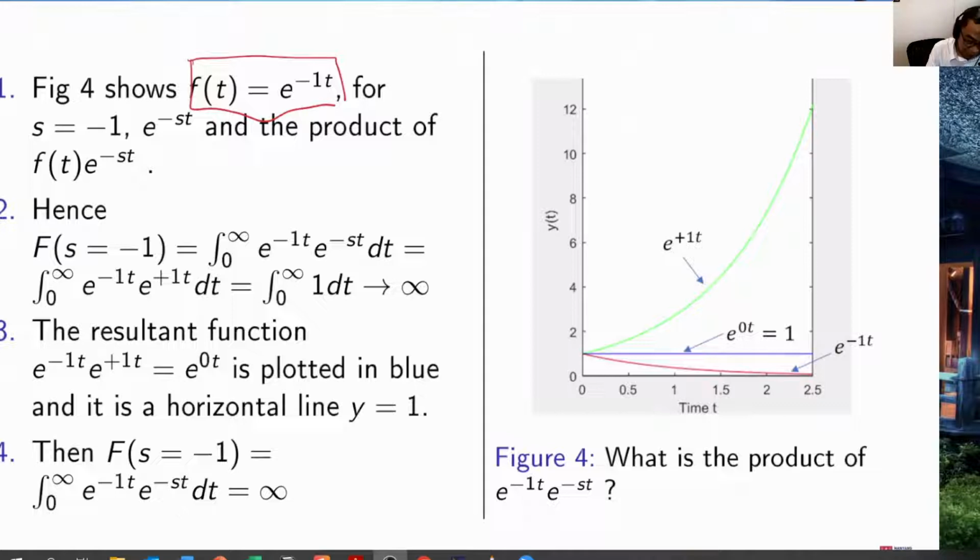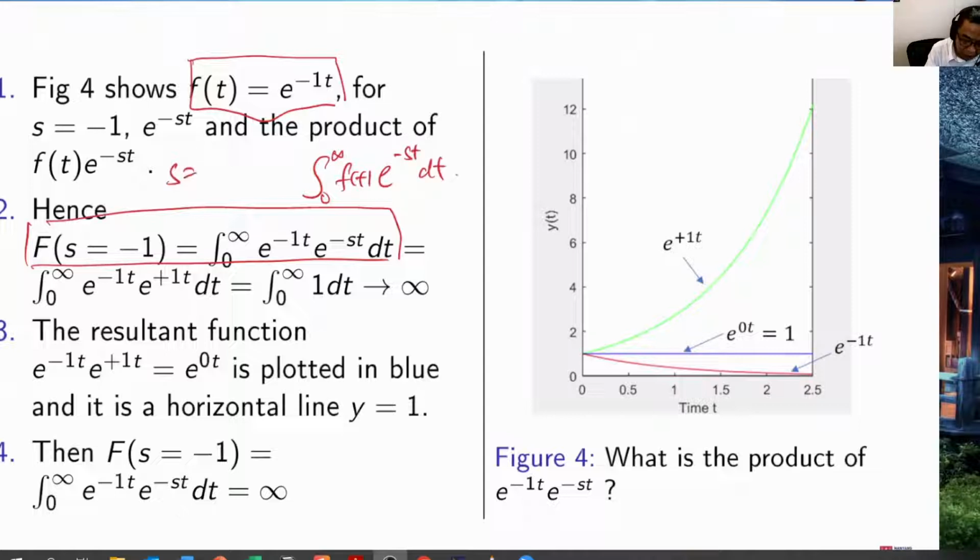Now, let's study this Laplace equation here, which is the integral from 0 to infinity, because we are in the unilateral Laplace transform. We have f(t) e to the minus st dt. Let's substitute s equals minus 1 here.